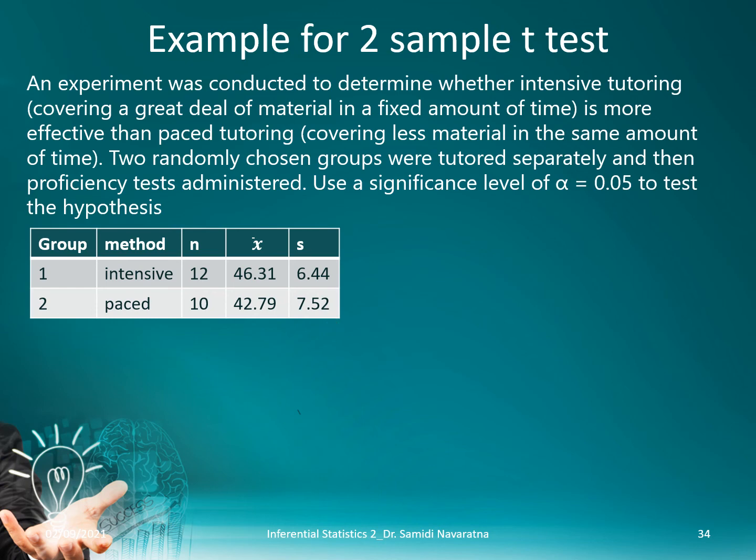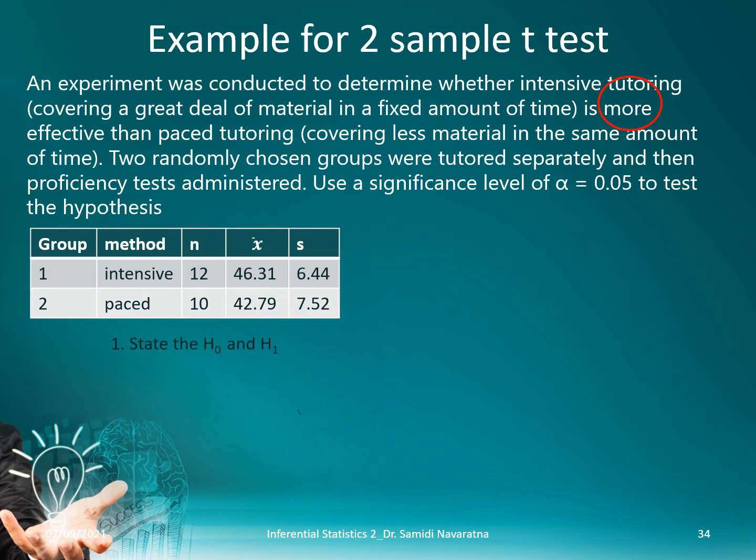So the first step is to state the null hypothesis and the alternative hypothesis. Now, when you look at this question, the first statement says to determine whether intensive tutoring is more effective than paced tutoring.